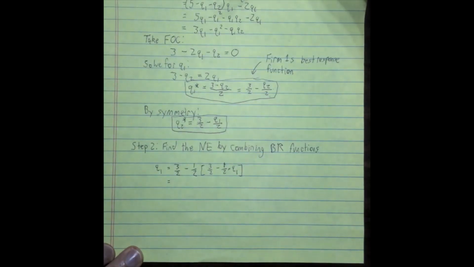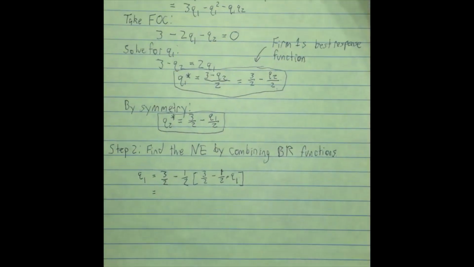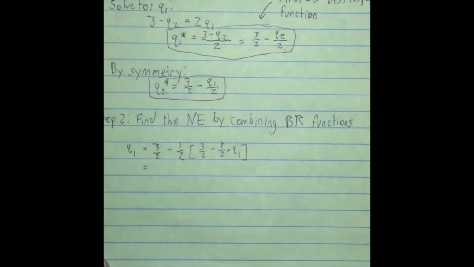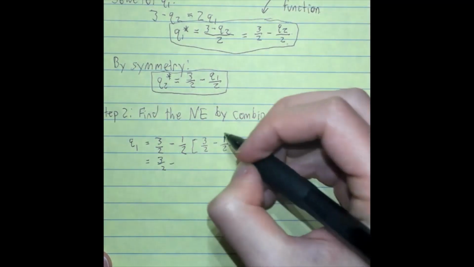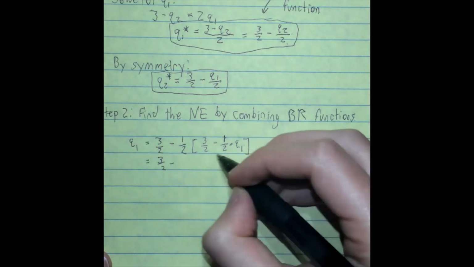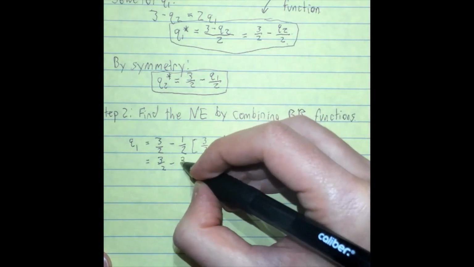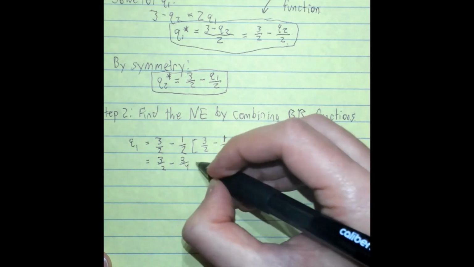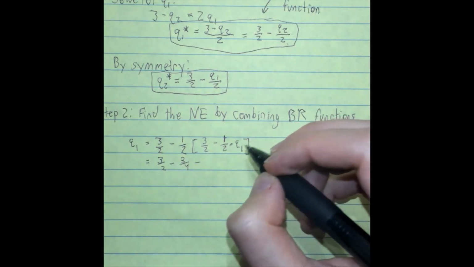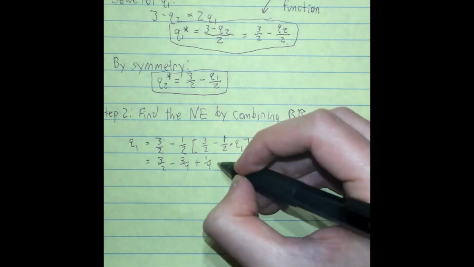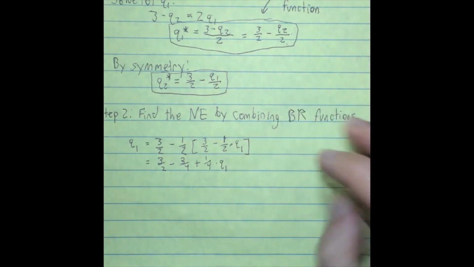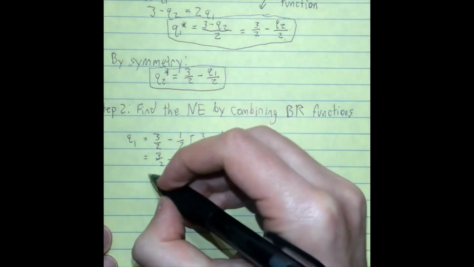So this becomes 3 over 2 minus 3 over 4 plus 1 over 4 times Q1.